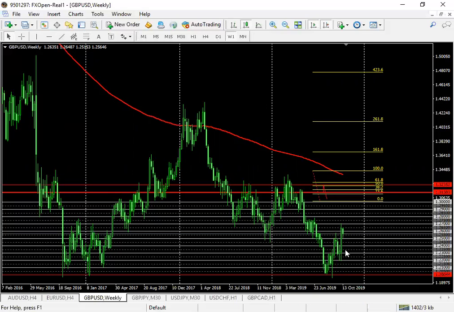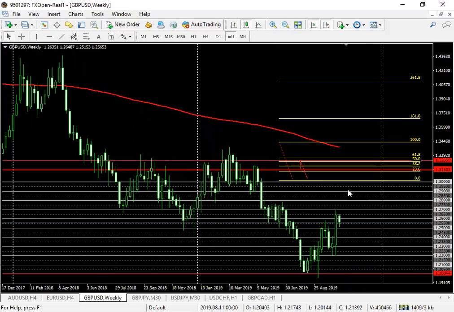That was what made us a bit reluctant in shorting the market around these lows over here. But we had the solid low from 2017 and the solid low from 2016 as well, and the market just tagged that low and started moving upwards.